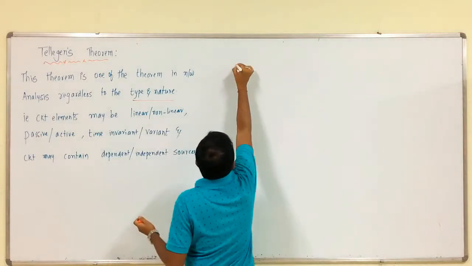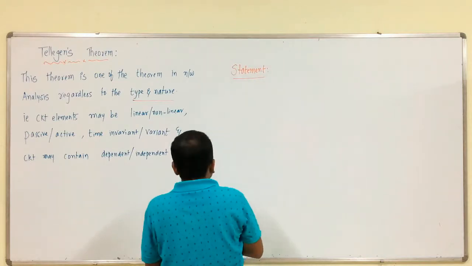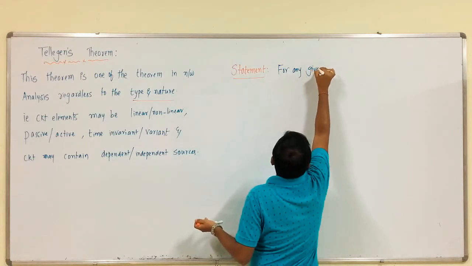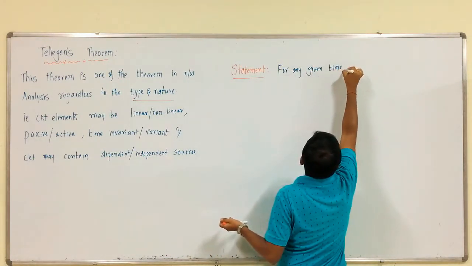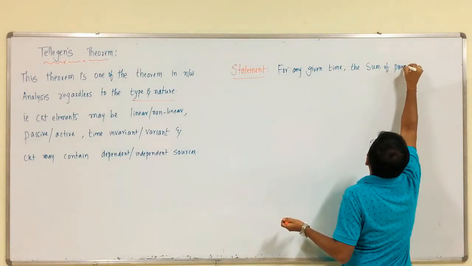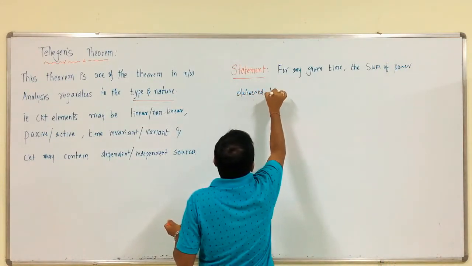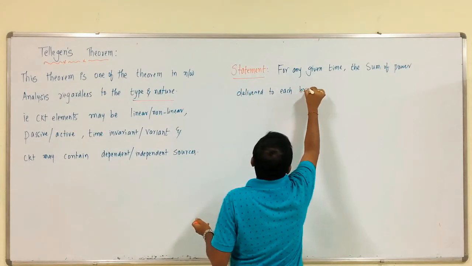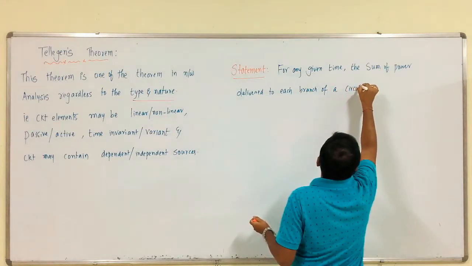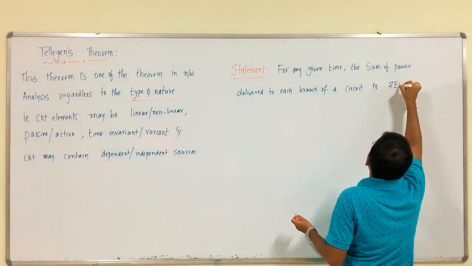So, coming to the statement: for any given time, the sum of power delivered to each branch of a circuit is 0.